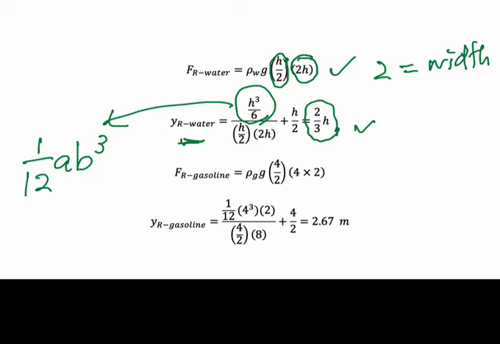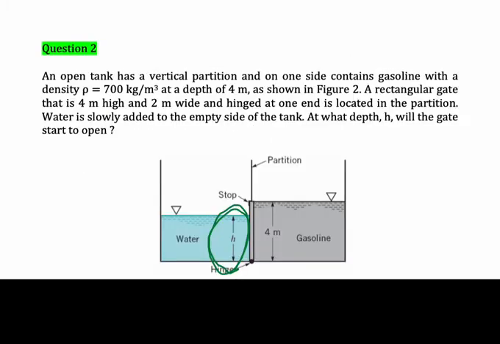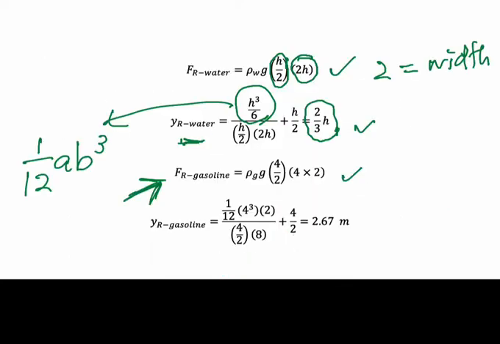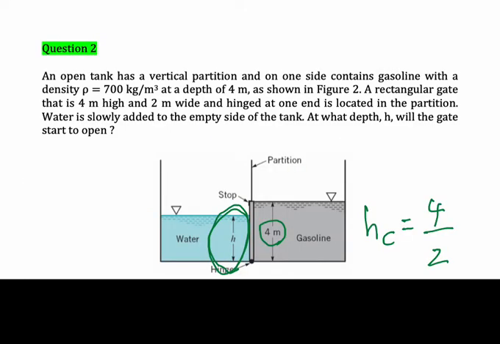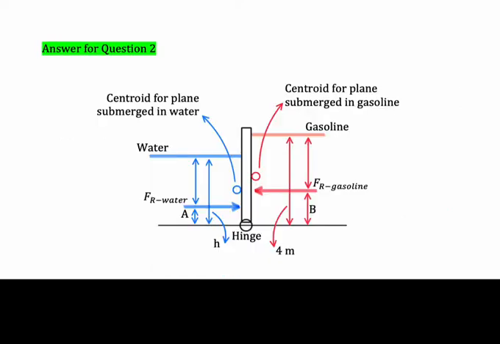And then we could calculate the resultant force for gasoline like this. We know from the calculation here the height is 4 meters, so HC is equal to 4 divided by 2, and the area here is 4 times 2, because the submerged area is 4 meter and the width here is 2 meter.